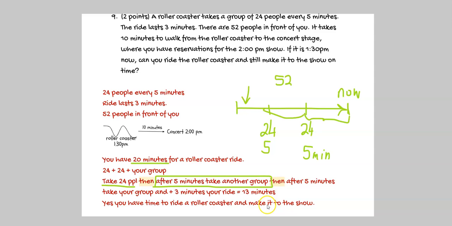You are in the third group. Yes. So 24 and 24, that's 48, so you have 4 more people here. You are like 5th in a row. So you are in the third group. You're coming in after 10 minutes, right? And then they say that the ride lasts 3 minutes.